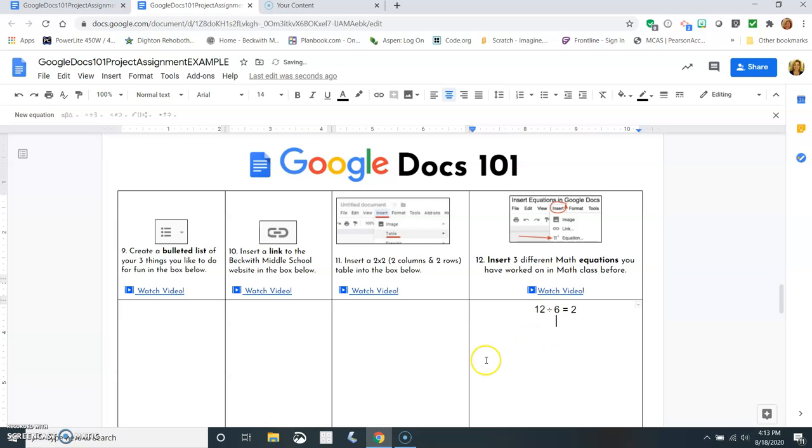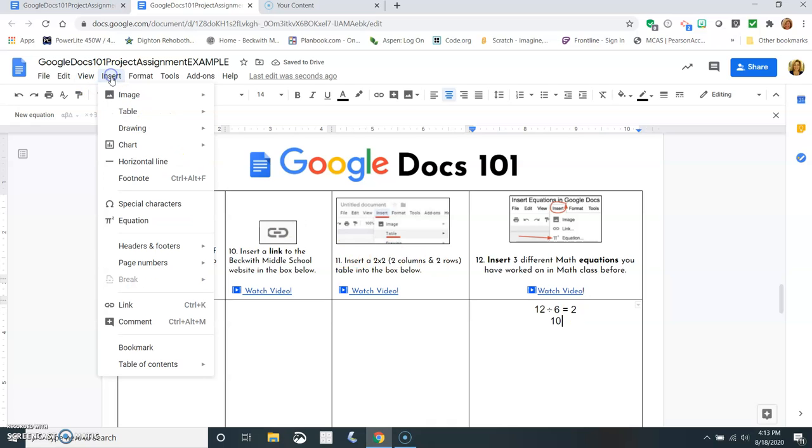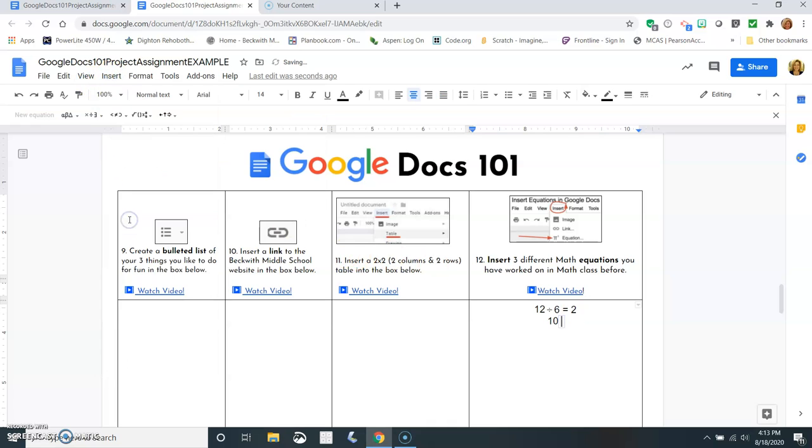Now if we want to do something a bit more complex, we can say, let's see, maybe I want to do multiplication. So I'm going to say 10, and I'm going to say insert equation, go up here, and I'm going to use multiplication.